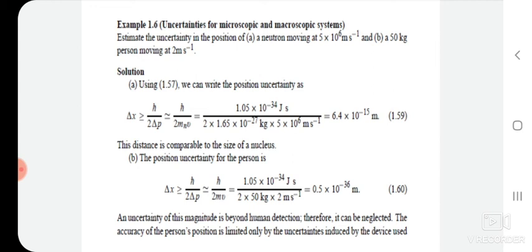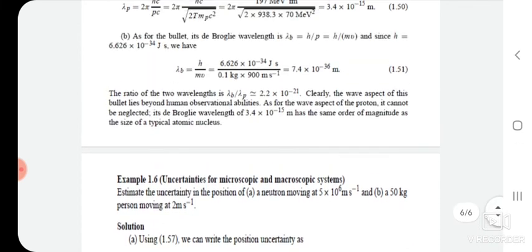An uncertainty of this magnitude is beyond human detection, therefore it can be neglected. The accuracy of the person's position is limited only by the uncertainty of the device used.